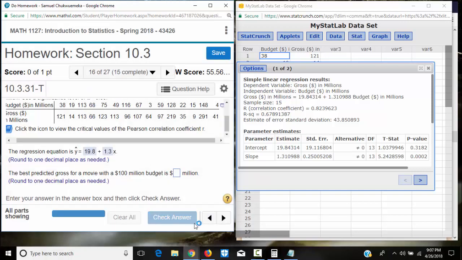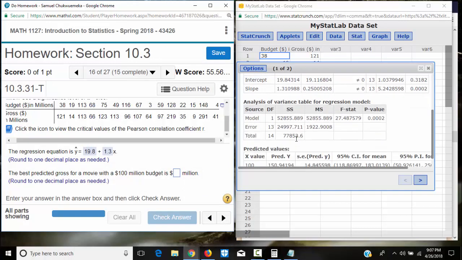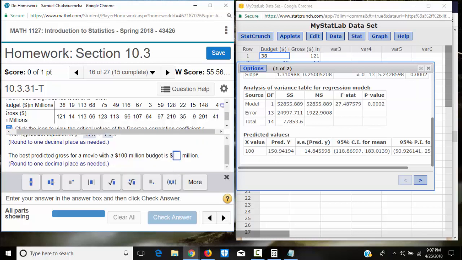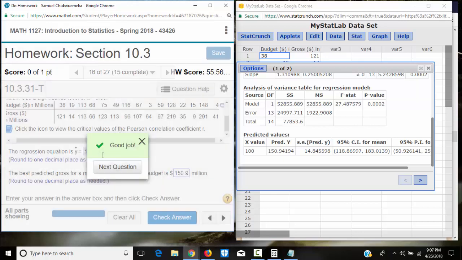Then the best predicted gross for a movie with $100 million budget to one decimal place will be 150.9.